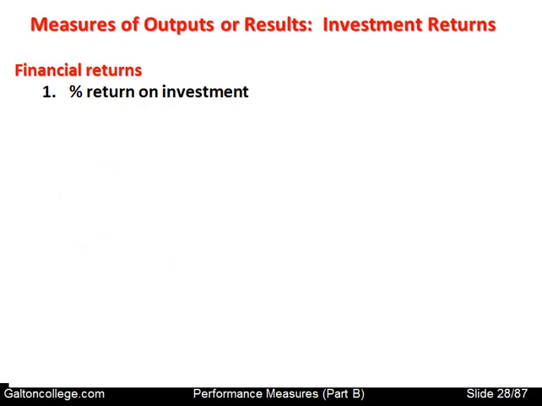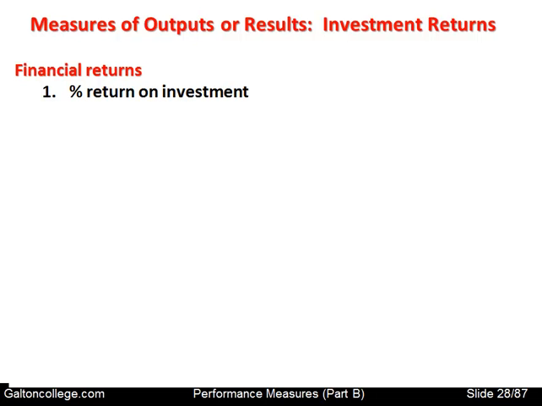Now the financial returns, well, first of all there's the percentage return on investment. That's difficult to work out, as I said earlier, difficult to know what the contribution of the capital is, or of the workers are, or what the contribution of the plant itself, or of the office, or the overheads. But having said all of that, it's important to try and work out what the return on the investment is.